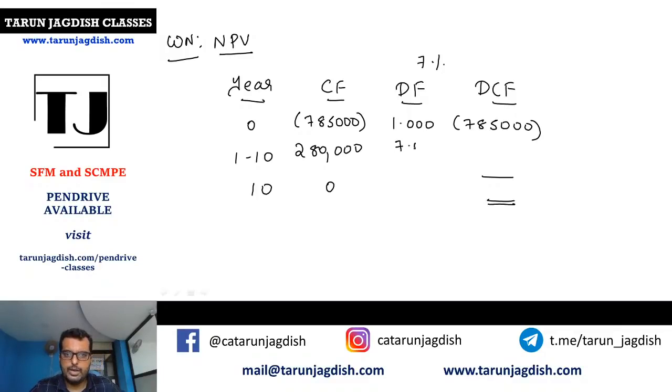That will be 7.02 into 2,80,000 will give me the answer as 19,66,602. So I'll get the NPV as plus 11,81,602. Let me just cross check friends.